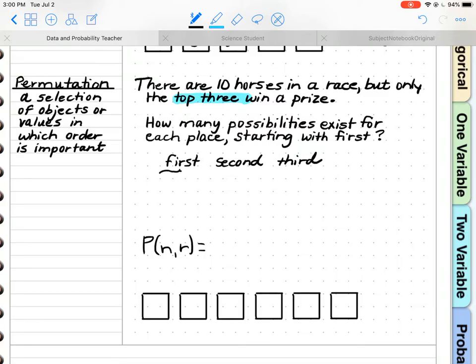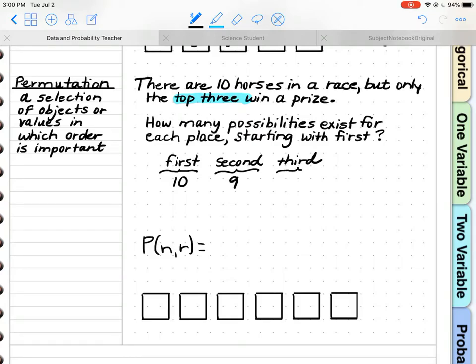So let's think about this. We're at the racetrack and here come the horses. There are 10 of them running strong. So there are 10 possibilities for first place. Any one of the 10 could be the winner. But once you take out the winner, there are only 9 possibilities for second place.